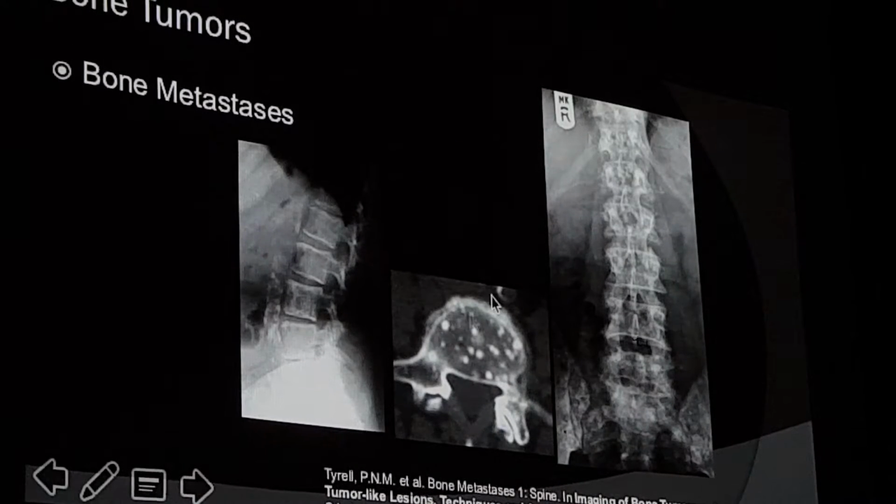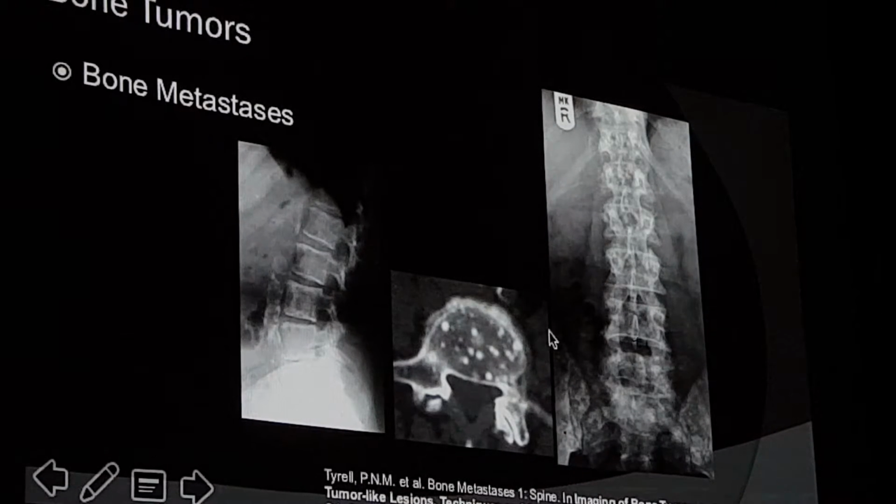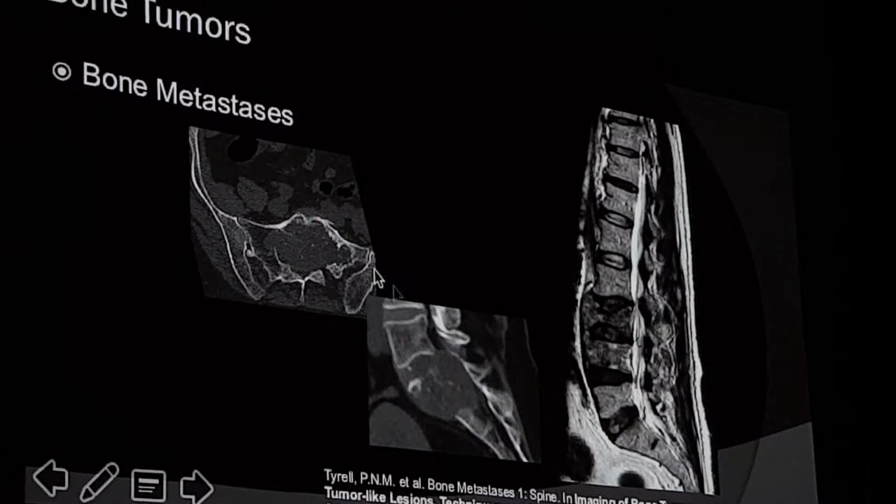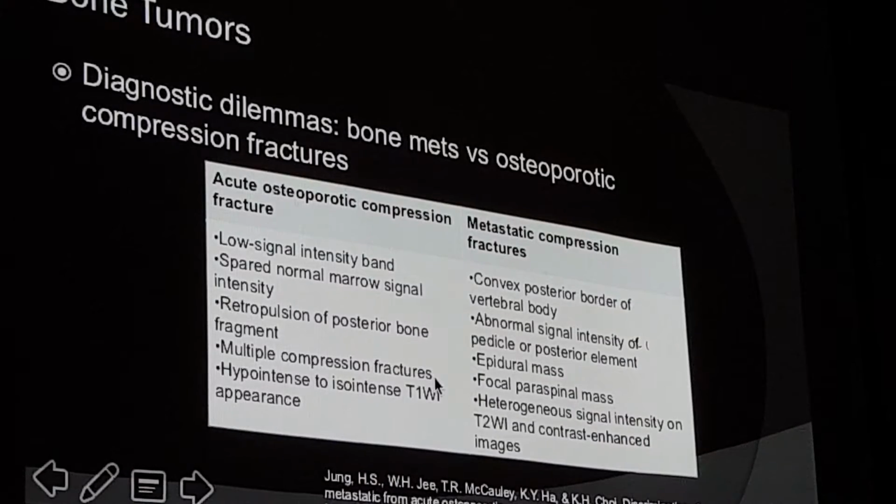Another thing is bone metastasis. Now, bone metastasis, it can have many different appearances. Soft tissue masses, it can be sclerotic, meaning it's white, or it can be lytic with soft tissue masses. Sometimes the problem here is, actually, you don't have to memorize this again.